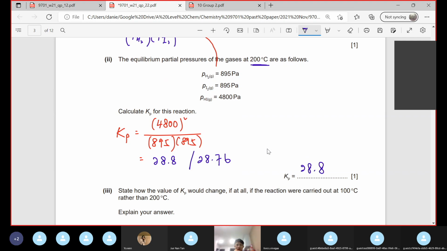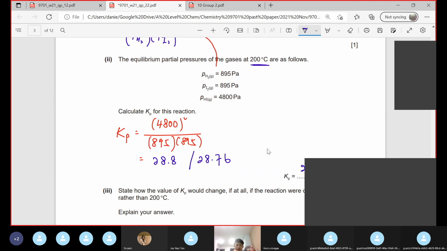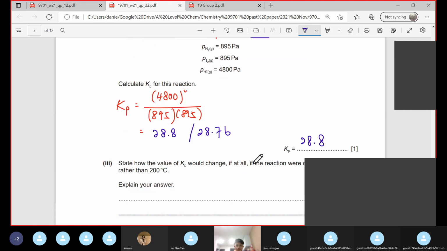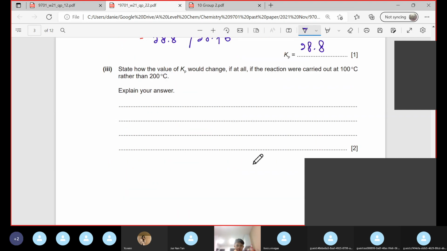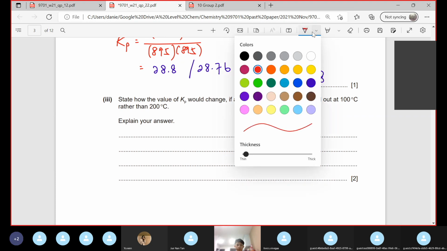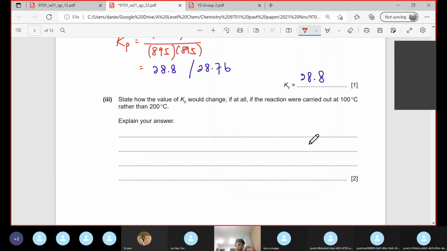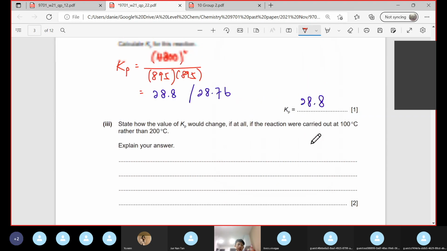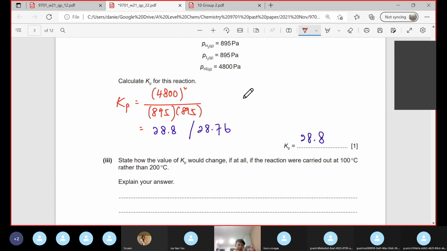Pascal, 1/Pascal, or no unit? Okay, it should be no unit, as all the units can be cancelled out clearly. Totally can be cancelled out.